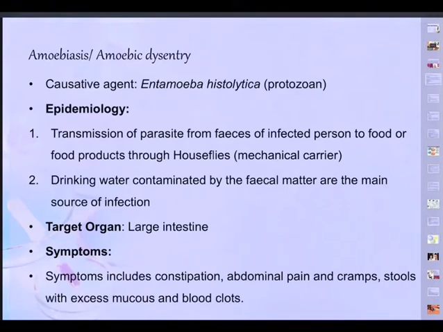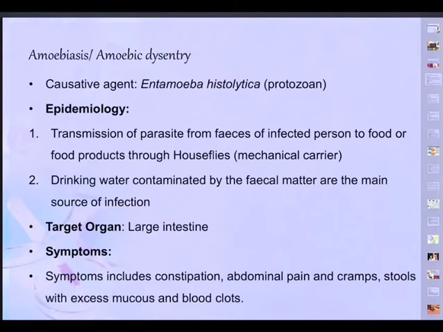And what is the target organ? The big intestine, the large intestine. And how do you know that a person has amoebic dysentery? The first and foremost sign is severe abdominal pain and passing of mucus and blood in the fecal matter, and constipation alternating with loose stools.